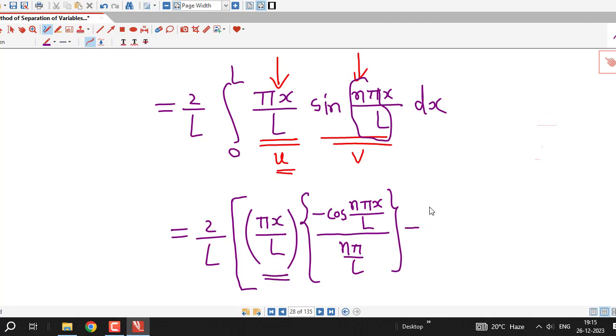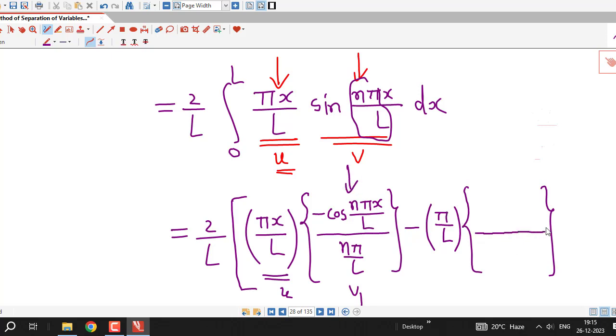So derivative of pi x by L is pi divided by L, and integration of v1. This is u, this is v1, this is u dash, and here I have to write v2, that is integration of this bracket.